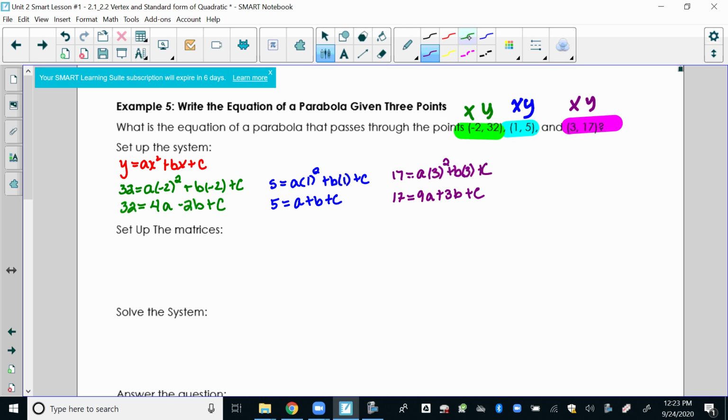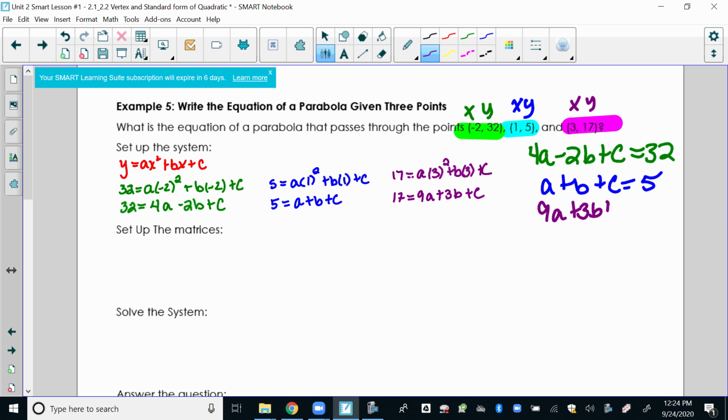We have 4a minus 2b plus c equals 32. a plus b plus c equals 5. And 9a plus 3b plus c equals 17. We could solve algebraically like we did last chapter, but we're going to use matrices like you learned last year in Math 2.